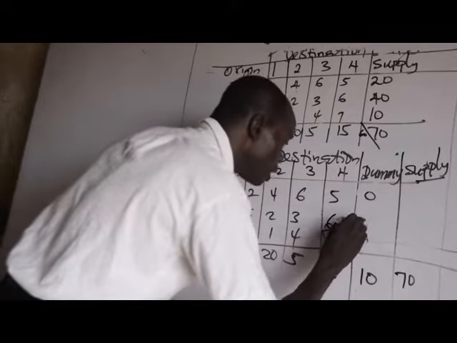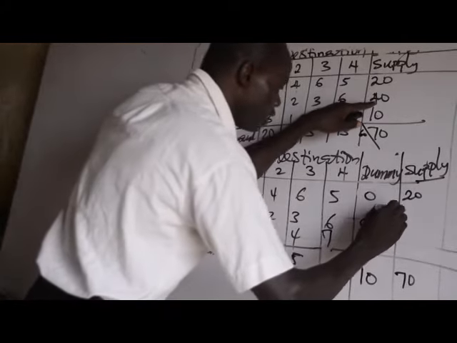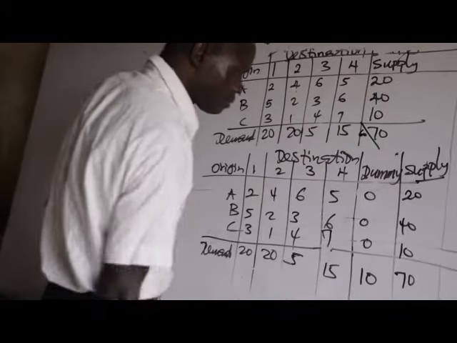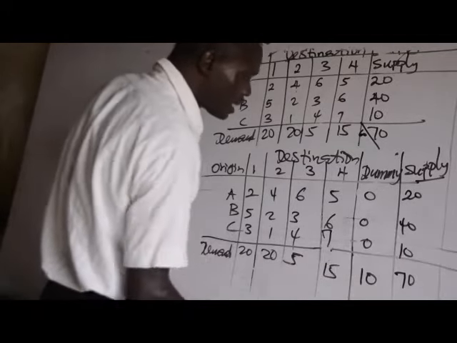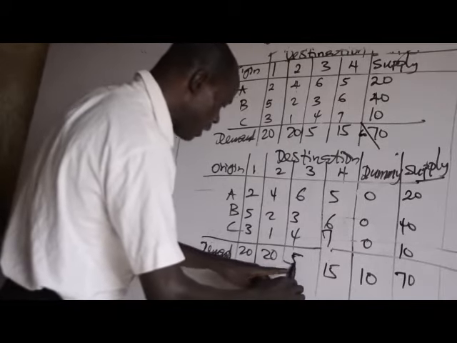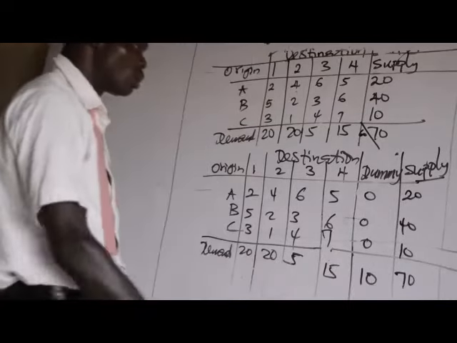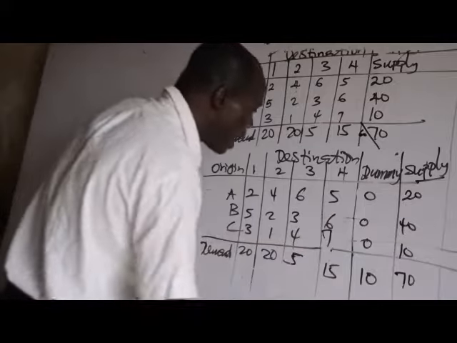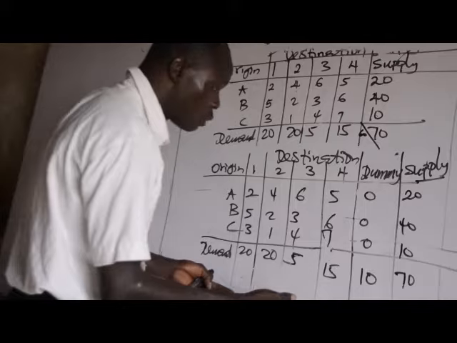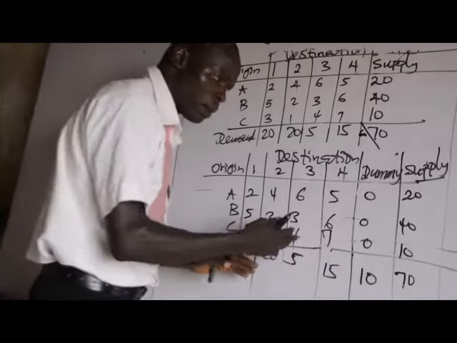So we have 0, 0, and 0. Our supply is 20, 40, and 10, which sums to 70. The demand is 20 plus 20 is 40, plus 5 is 45, plus 15 is 60, plus 10 is 70. You can introduce the dummy to the supply column or to the demand column, depending on the way the problem is structured. That is for the unbalanced transportation problem.